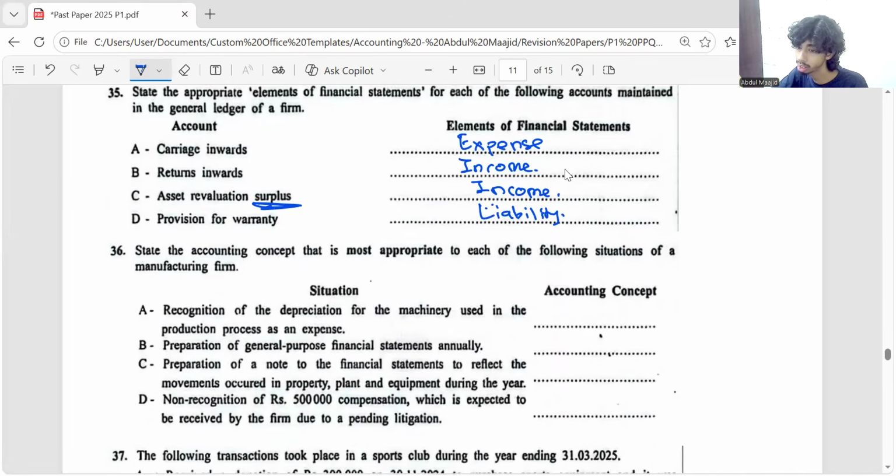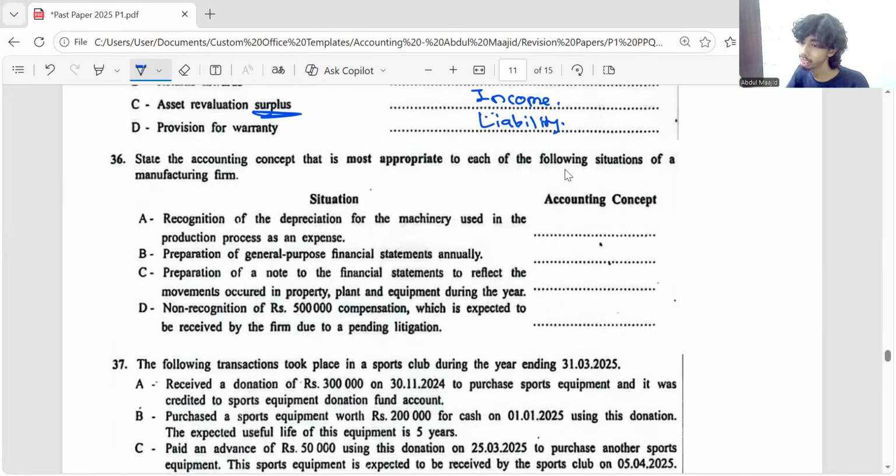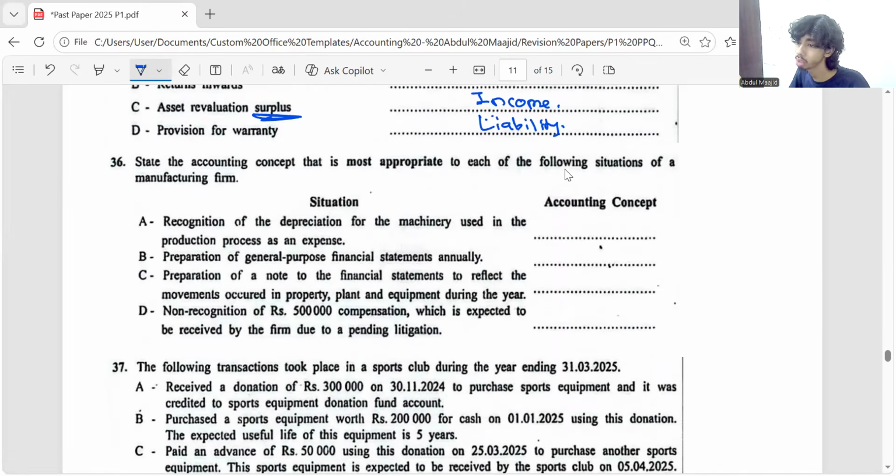36. State the accounting concept that is most appropriate to each of the following situations of a manufacturing firm. Recognition of depreciation for the machinery used in the production process as expense. Recording depreciation as expense is from the matching concept.